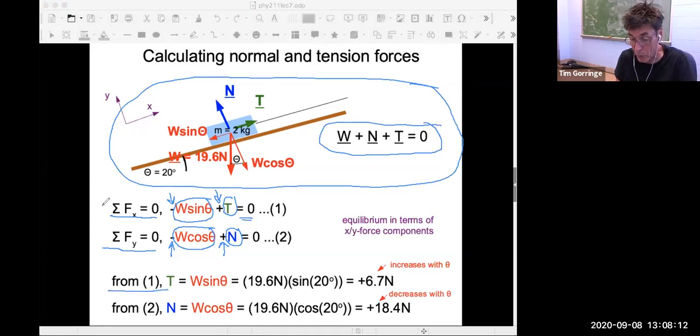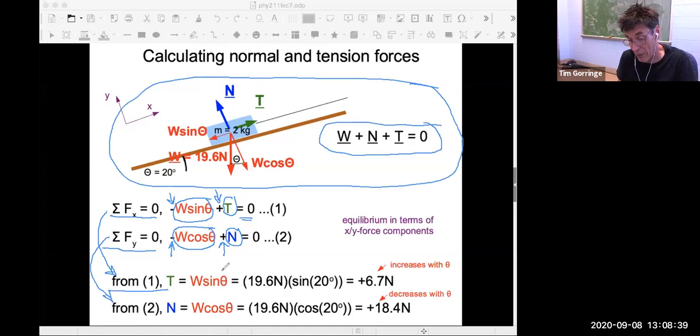From equation number 1, I rearrange to get an equation that the tension, unknown tension, is the weight times the sine of the angle of incline. And from equation number 2, I rearrange to get an equation for the normal force, which is equal to the weight times the cosine of the angle of the incline.